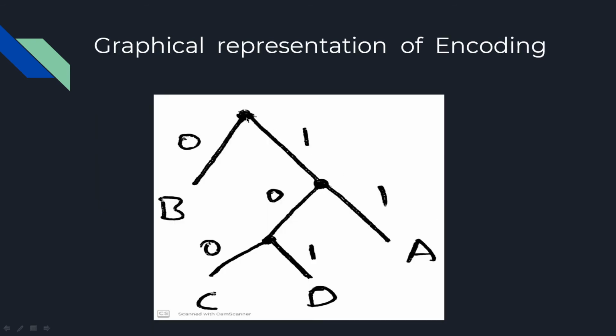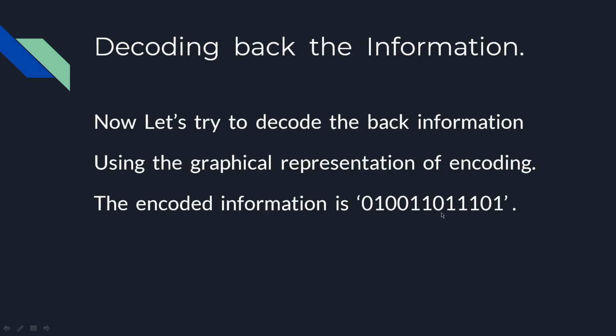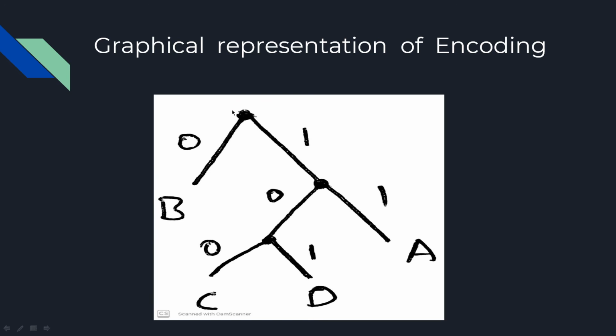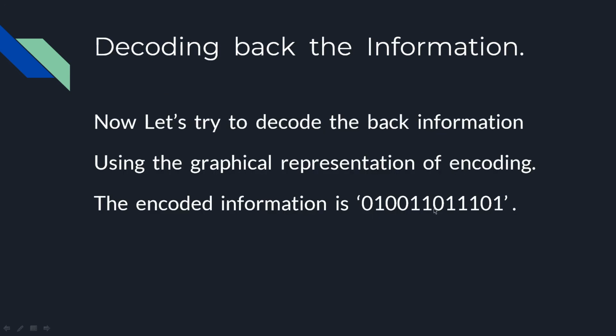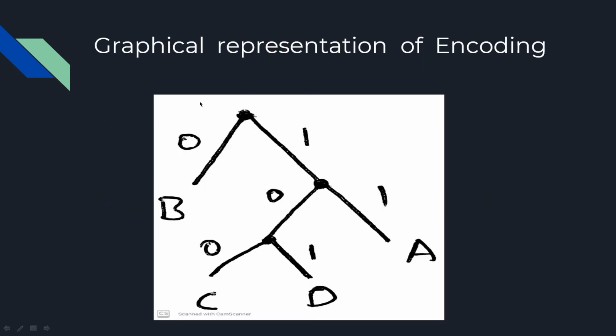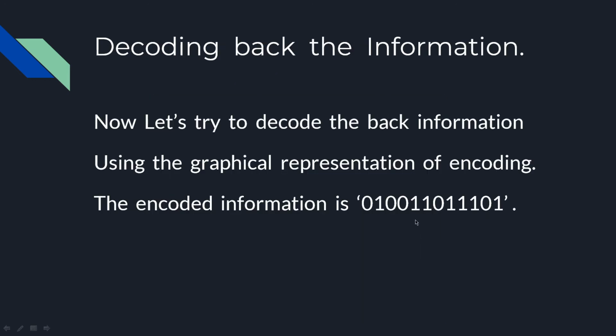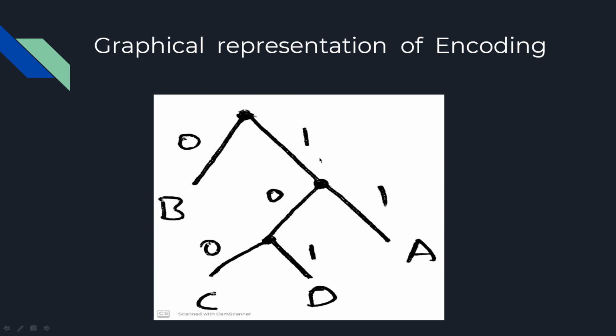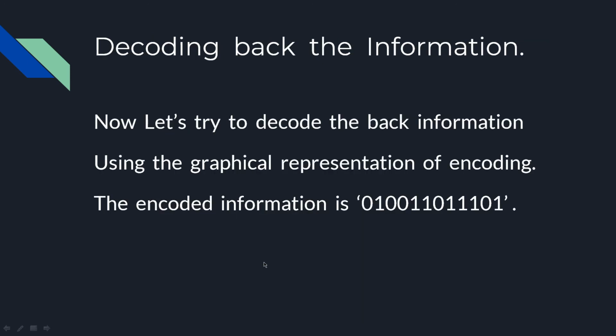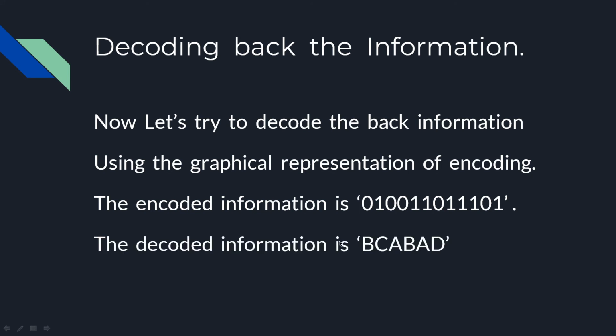Double 1 from the root again, double 1, which is A. 0 again from the root, which is B. Double 1 again from the root, A, and 1 0 1 from the root, which is D. So the decoded information is BCA BAD.